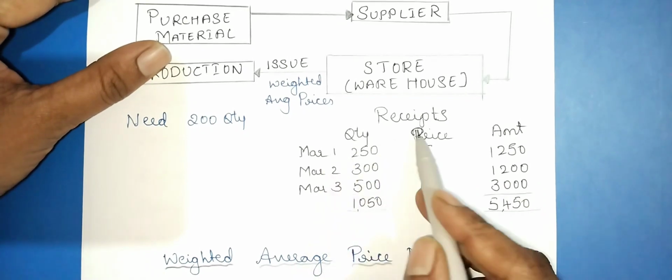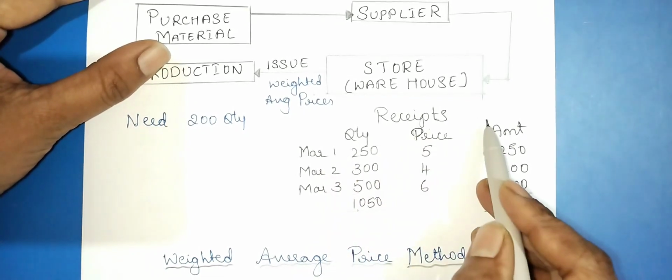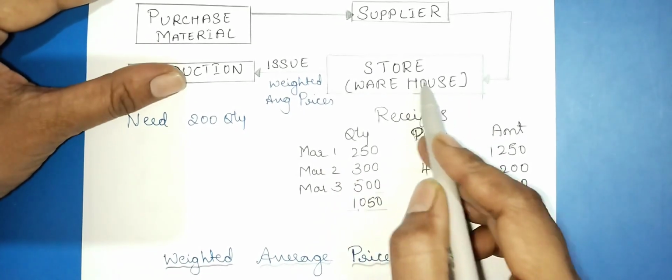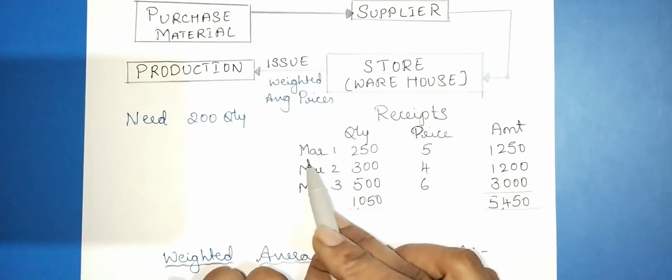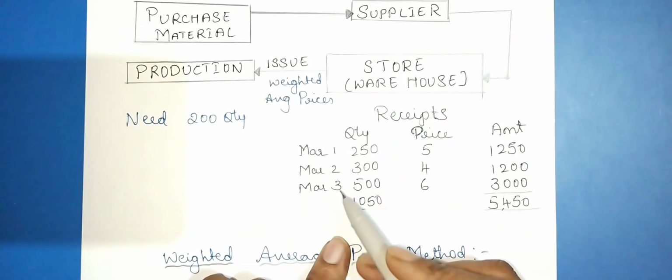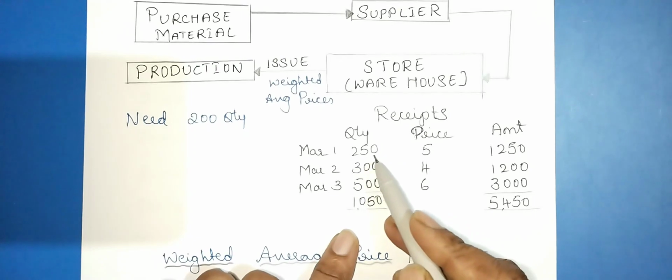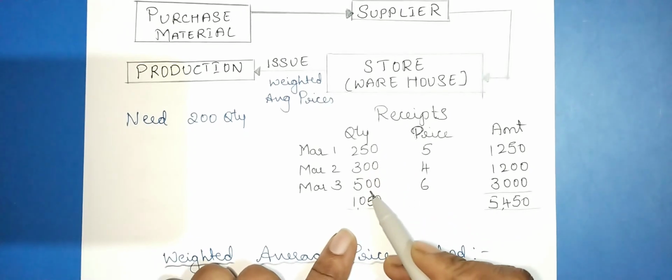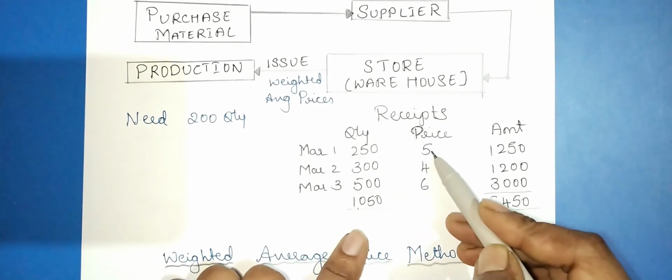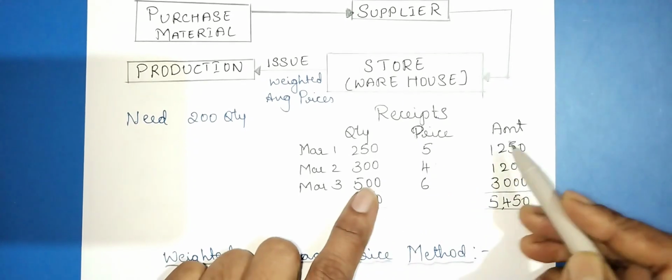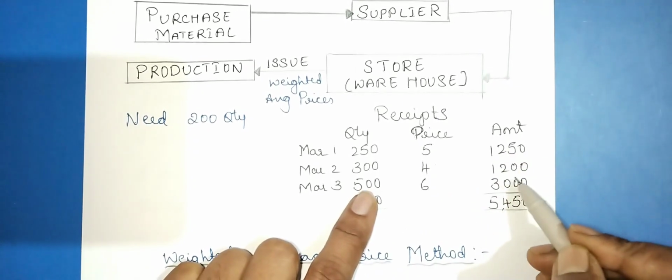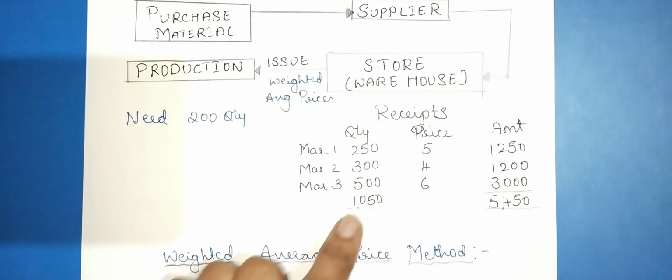Here we have a receipt, that is whatever we have received to the storeroom. We have receipts on different dates, that is first, second, third, with different quantities 250, 300, 500. Price is 5, 4, 6 and the amount is 1250, 1200, 3000.